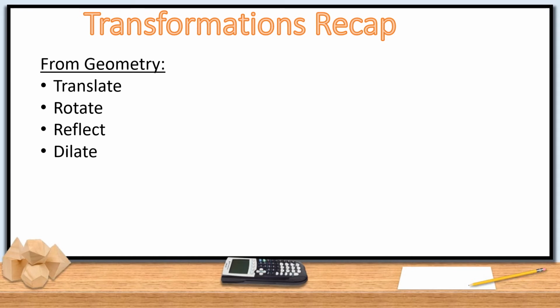A dilation, all points grow or shrink by the same scale factor from a center of dilation. So everything gets bigger, everything gets smaller at the same scale factor, so the shape still looks the exact same, just a bigger or smaller version of it, the equivalent of zooming in or out. A stretch is when you're taking one dimension or one aspect of the shape and you are increasing it.